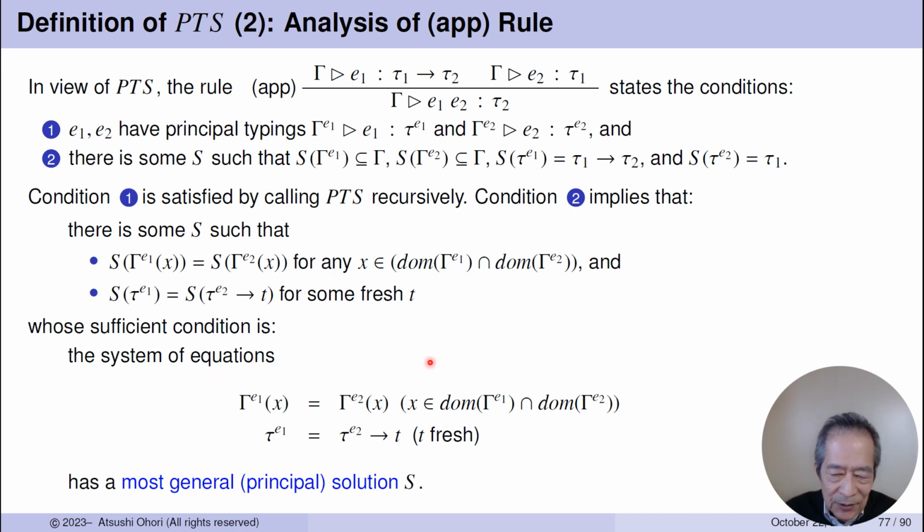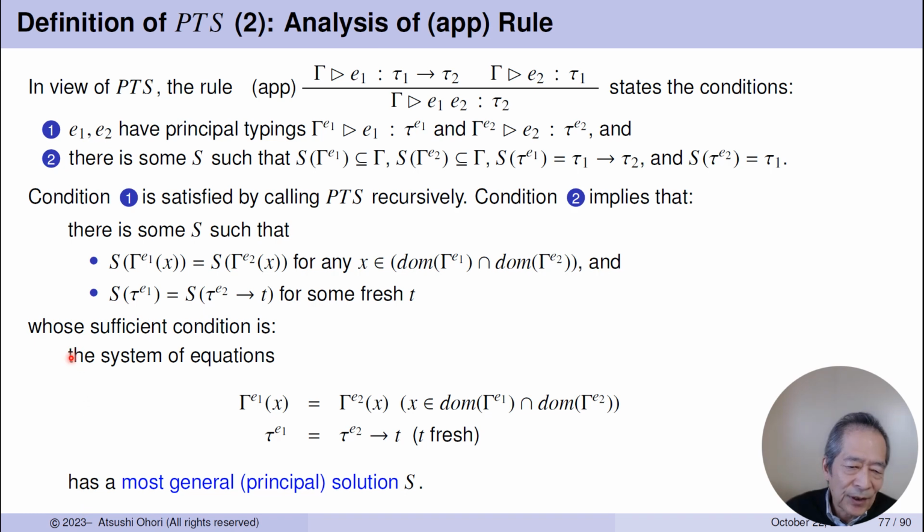So we regard these equations as a system of equations, and then this system of equations has a solution as a substitution, and that solution must be the most general one. Then this is a sufficient condition that satisfies condition 2 specified by this typing rule. So this is the idea of defining the case for function application.